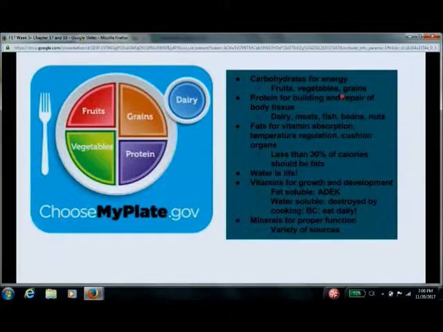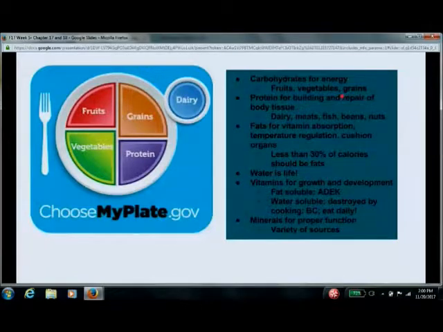So there are plenty of different things that our nutrients do for us. Carbohydrates are for energy. Protein is for building and repair of body tissue. Fats are for temperature regulation in the body and cushioning of our organs. Water is life. That's not a meme. That's true. Vitamins are for growth and development.